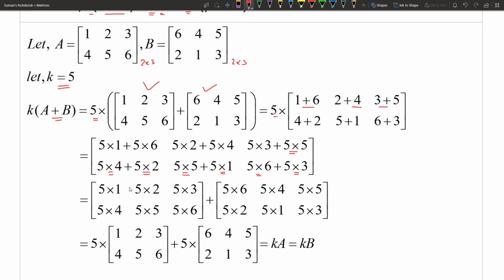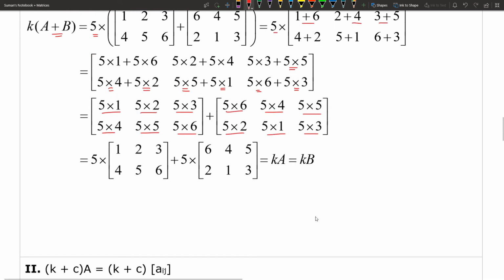Then we can decompose it into two matrices, since the addition signs are there. So we get 5 into 1, 5 into 2, 5 into 3, 5 into 4, 5 into 5, 5 into 6 according to the row, and for the second matrix, 5 into 6, 5 into 4, 5 into 5, 5 into 2, 5 into 1, 5 into 3.